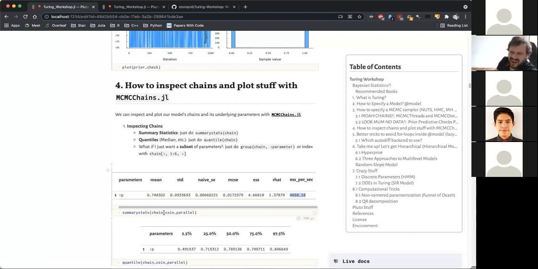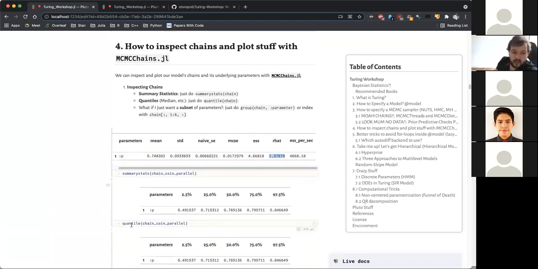This is something for you to see how fast your model is generating samples. Because I was using Metropolis-Hastings here, it's fast, but it's not so good because it's random walk Metropolis. We can do better with NUTS, for example. And also we have the quantile function. We pass that same chains object to the quantile function.